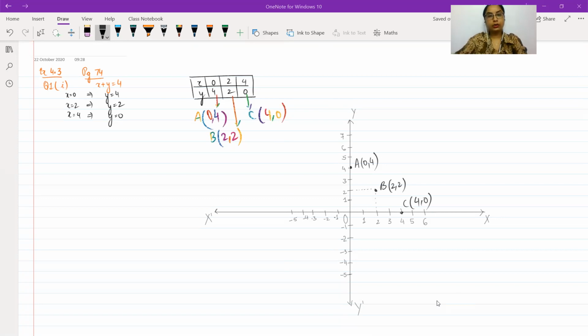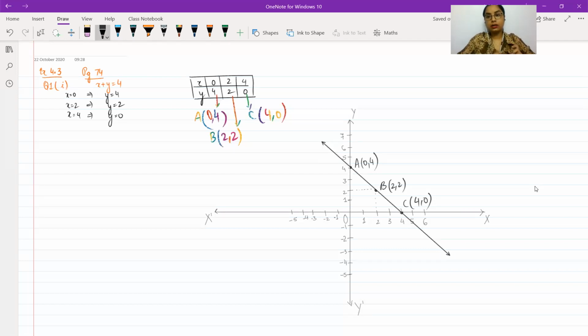And I'll just do it. You want to draw a line, not a line segment.